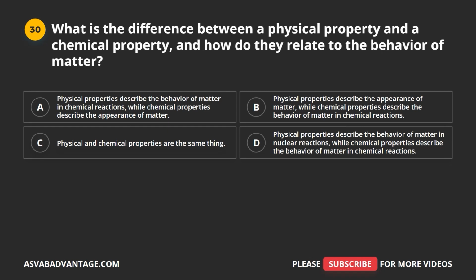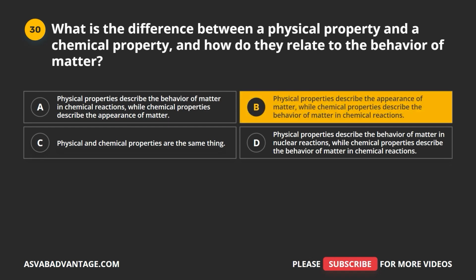B. Physical properties describe the appearance of matter, while chemical properties describe the behavior of matter in chemical reactions. C. Physical and chemical properties are the same thing. D. Physical properties describe the behavior of matter in nuclear reactions, while chemical properties describe the behavior of matter in chemical reactions. The correct answer is B.